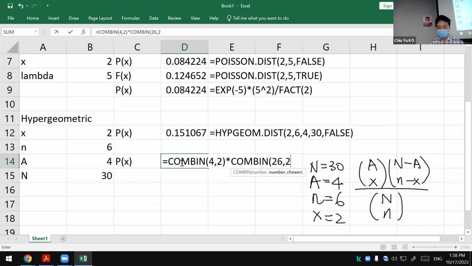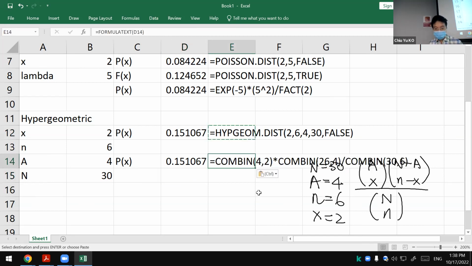You actually have to choose 4 because n minus x is 4. Out of 26 bad items, you choose 4 of them. And the denominator is N choose n, which is just 30 choose 6.